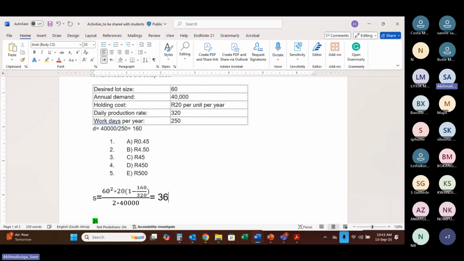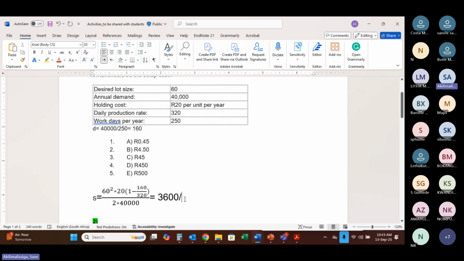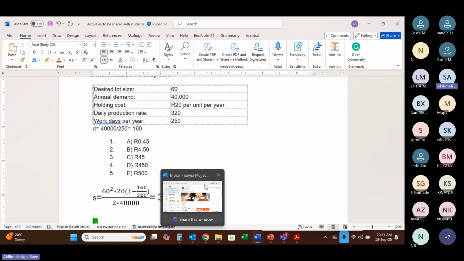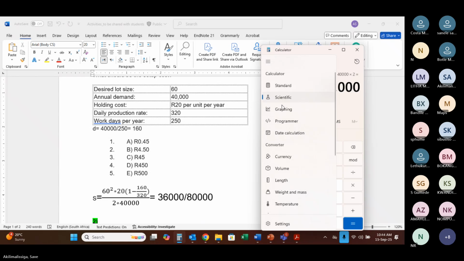So here we have 36,000 on top, and below that's gonna be 40,000 multiplied by 2, that is 80,000. So divided by 80,000. Let me just double check that. Can I see the history here?